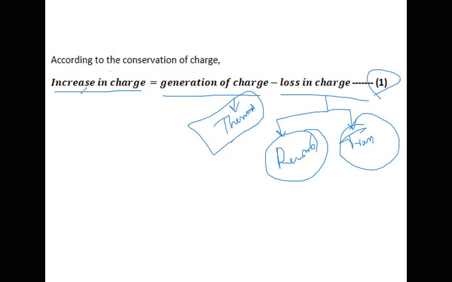We can also write down the expression for increasing charge and equate it to the difference of generation of charge and loss of charge. So in the next step, we are going to write down the expressions for increasing charge, generation of charge and loss of charge, and substitute those in equation number 1, so that we get the expression which governs the conservation of charge.